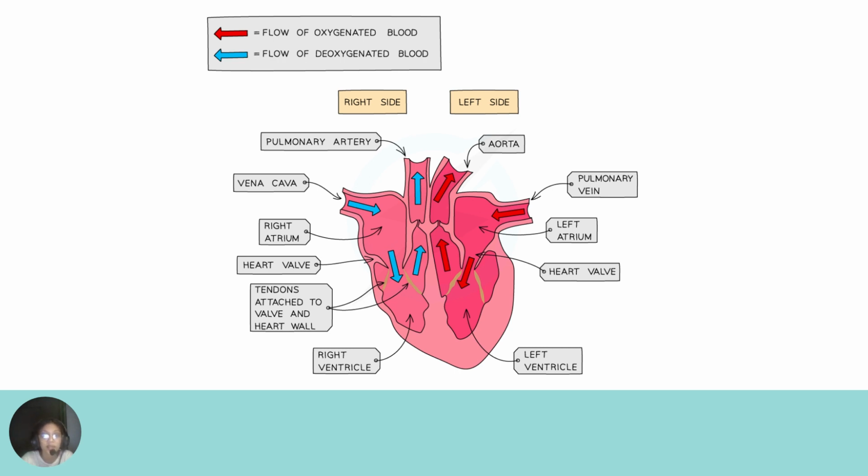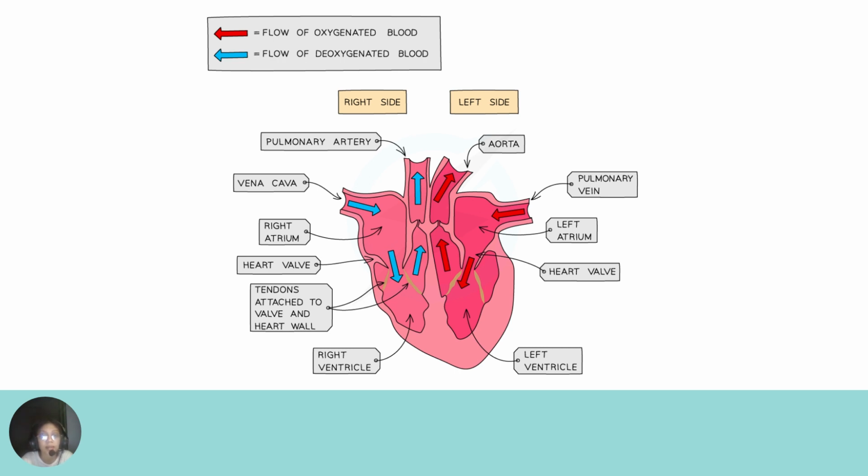From the right ventricle it goes through the pulmonary artery to one side of the lungs, where it gets oxygenated, and from there the oxygenated blood comes back to the heart through the pulmonary vein.